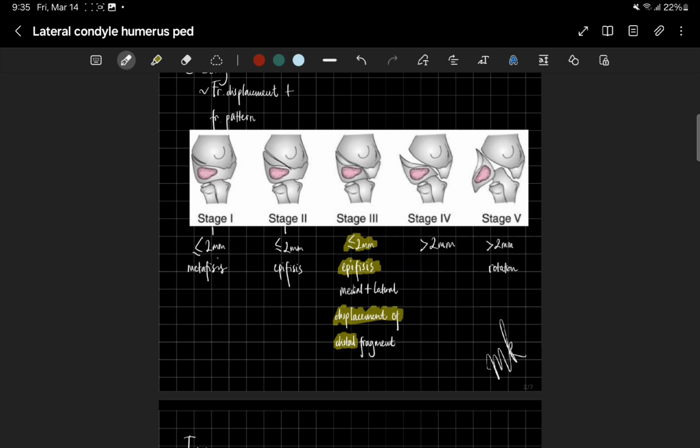It is considered stage 3 Song classification if the displacement is less than 2 millimeters. And as you can see here, if it is already rotated, then it's considered stage 5. Or if it is less than 2 millimeters and metaphysis only, it is considered type 1 or stage 1.